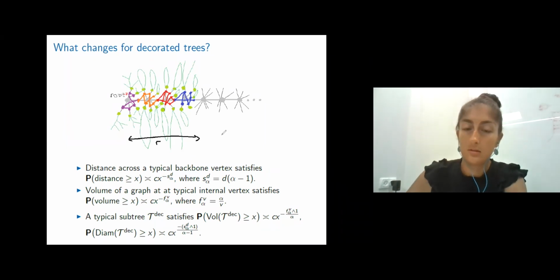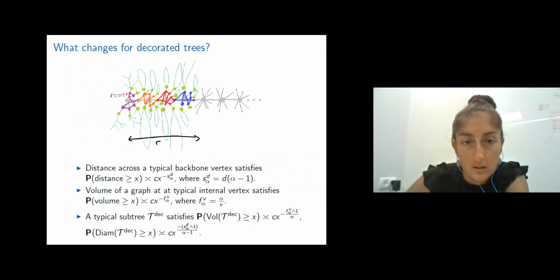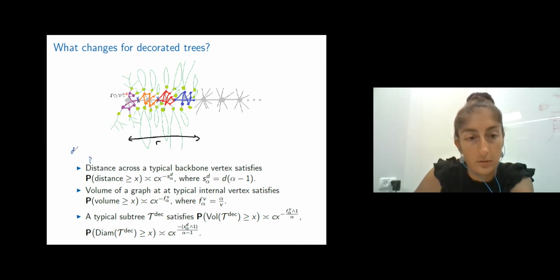The first thing to note is, if you take one of these special backbone vertices and you want to know the distance from, say, this point to this point, we said that this distance is roughly the degree of the vertex to the power of 1 over d.